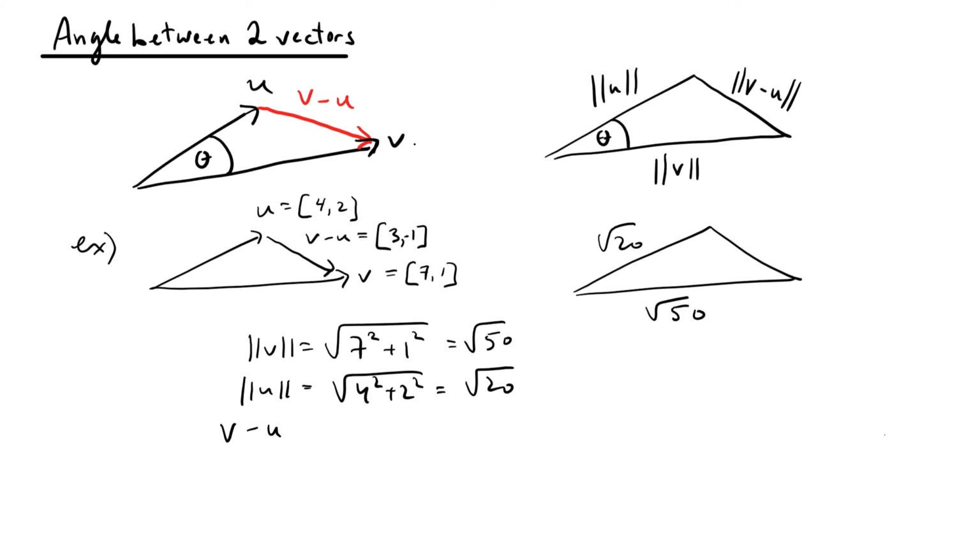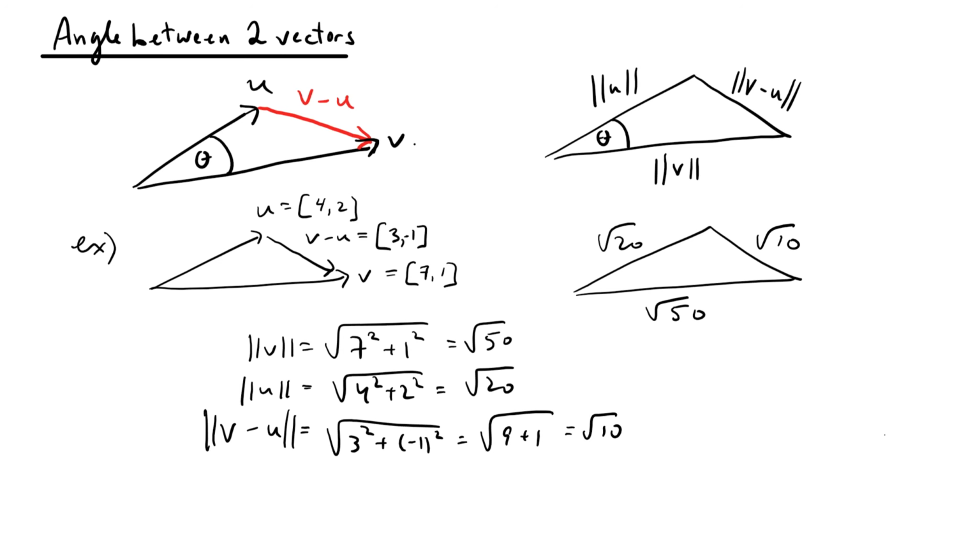And v minus u, well, we said it's 3, minus 1, so its norm would be 3 squared plus minus 1 squared, so that's 9 plus 1, so that's square root of 10.